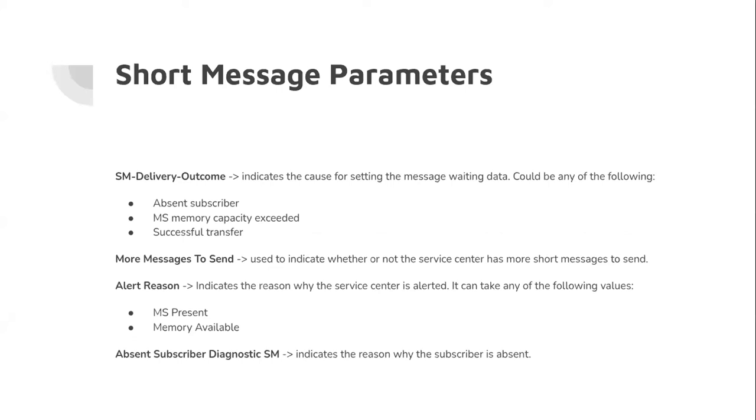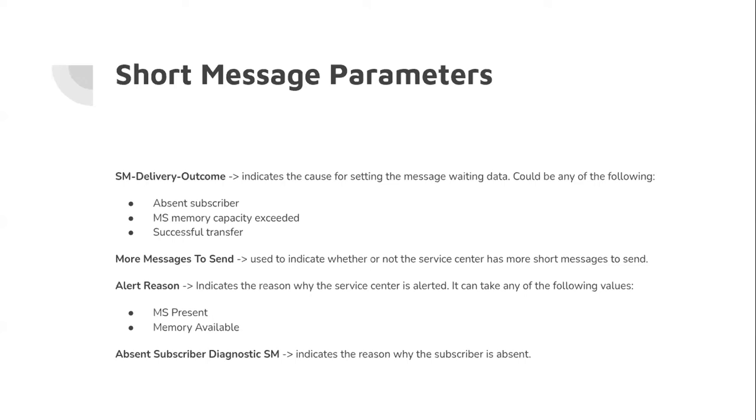And then we have another one called the alert reason. This indicates the reason why the service center is alerted. If the message was not able to get to you, so it was in the MWD, and suddenly you are available, or now at least you have memory because you deleted some messages, then that has to be the alert reason. It needs to be sent using this parameter.